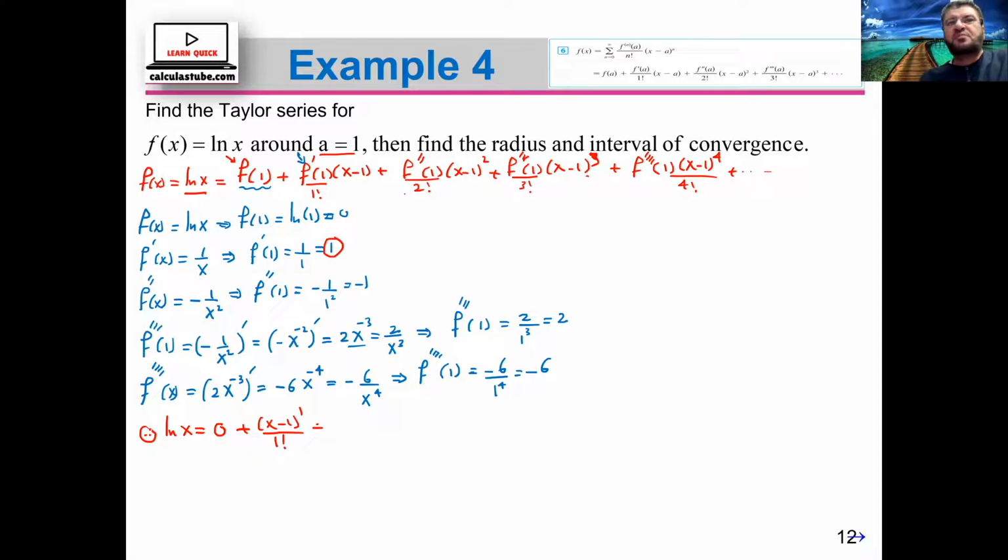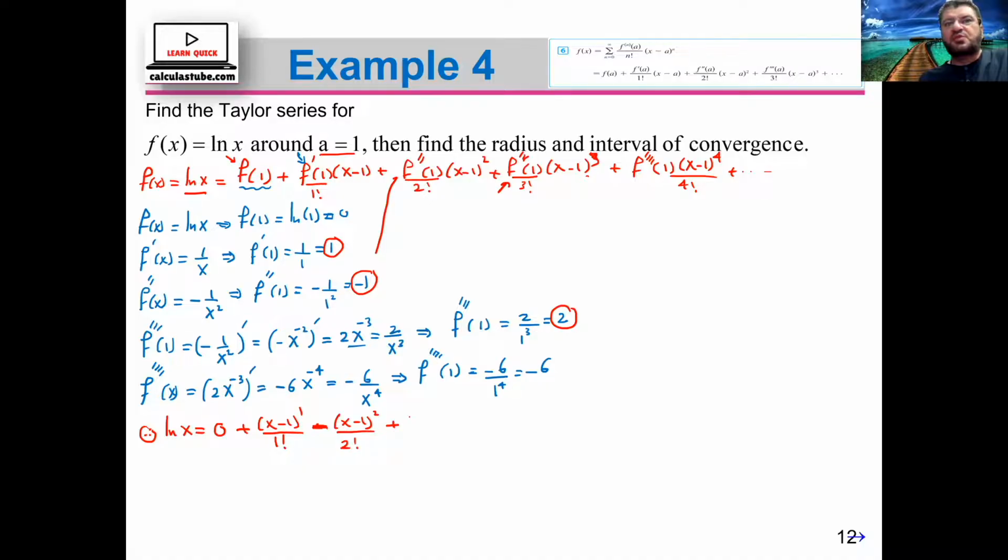Plus, let's look at f double prime, which is minus 1, so we say minus x minus 1 to the power 2 over 2 factorial. How about the third derivative? The third derivative is 2, and it's positive.